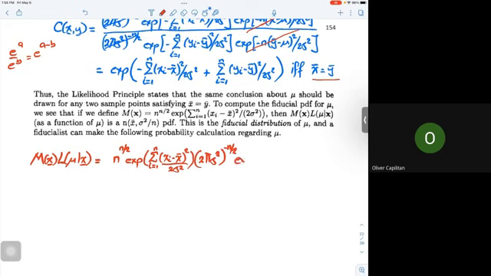We have here the exponential of the negative summation of x sub i minus x bar quantity square over 2 sigma square, i from 1 up to n. Okay? And then times the exponential, we have negative n times x bar minus mu quantity square over 2 sigma square.